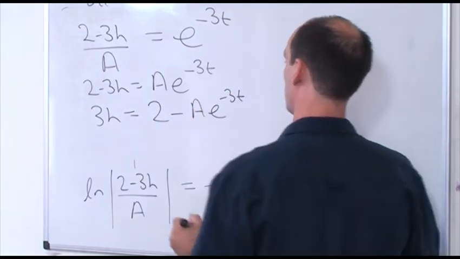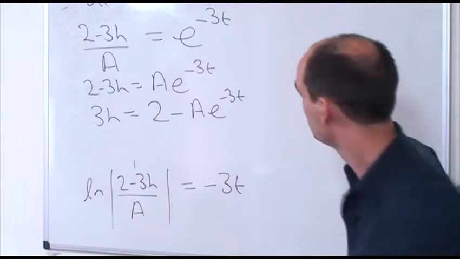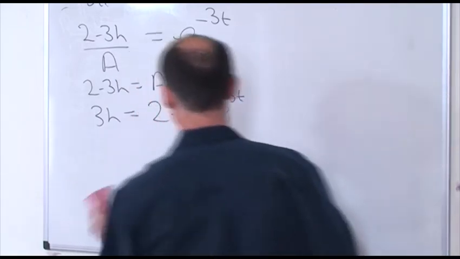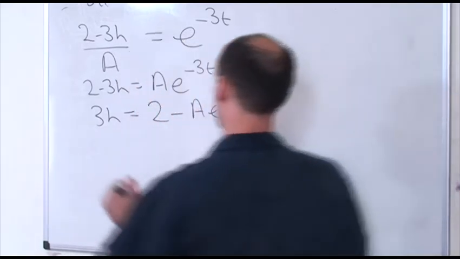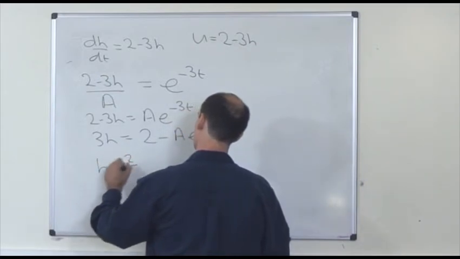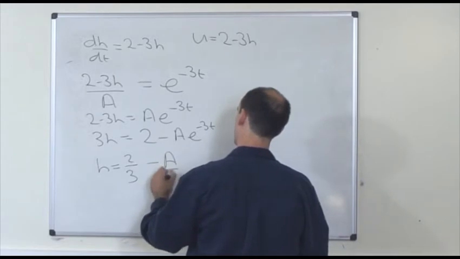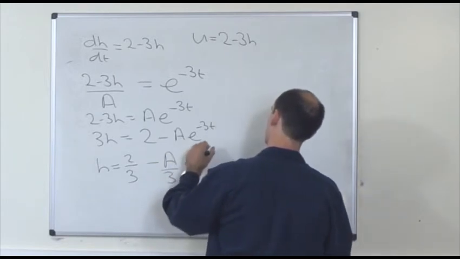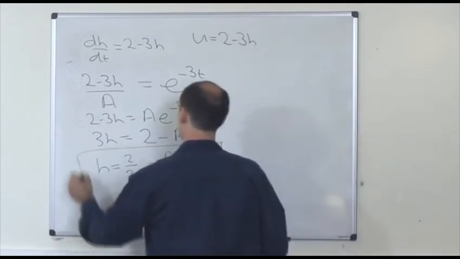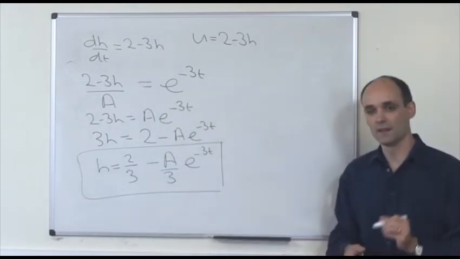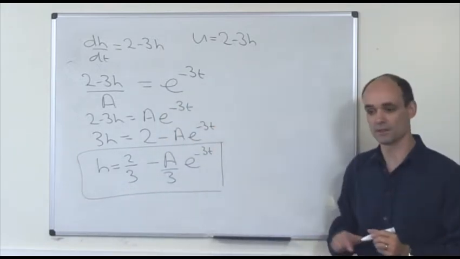And I divide through by 3, finally. And so I get h is equal to 2/3 minus a over 3 e to the minus 3t. And that then is the solution to this differential equation.